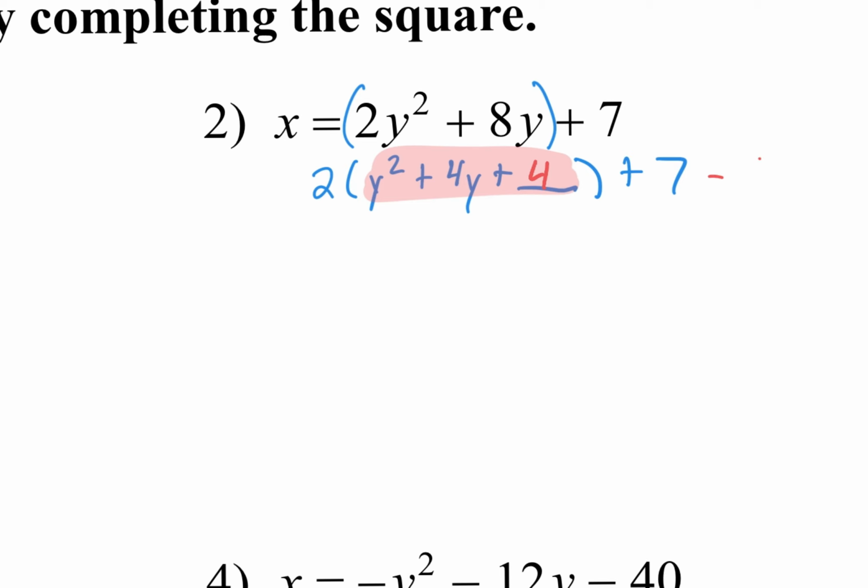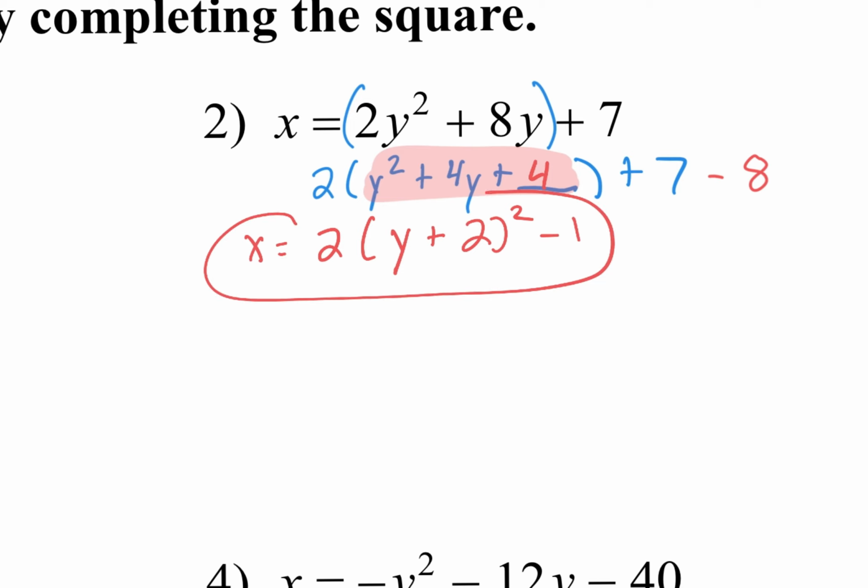I have to subtract 8. 2 times 4 is 8. So I've added in 8, so I have to subtract off 8. Good job. So this factored becomes 2 times y plus half of 4, which is 2, squared. I think I got minus 1 again. Got an x equals there to make it an equation.